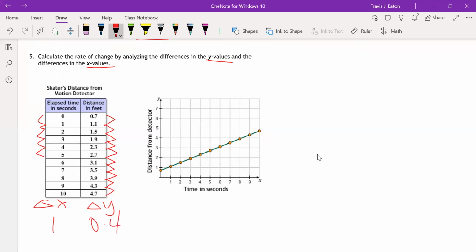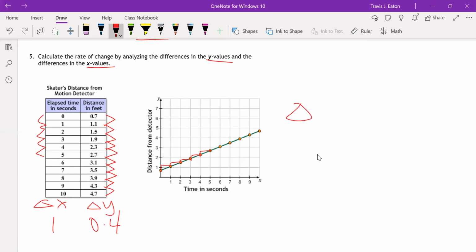And it would also do the same thing in the graph. If the graph was a little more detailed, we'd be able to see that every time x goes over by 1, it goes up 0.4.